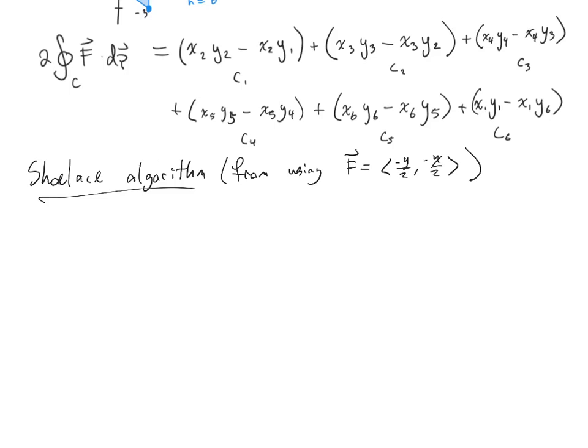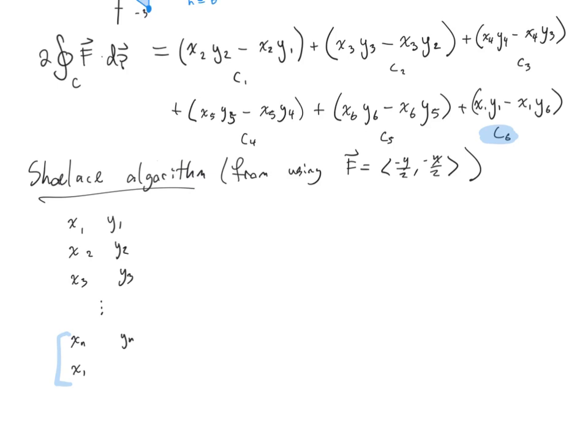You just make a list of all of your coordinates, x1, y1, x2, y2, x3, y3, dot dot dot, xn, yn, and then you also include that last loop around, because this C6 term is going to involve these two guys.